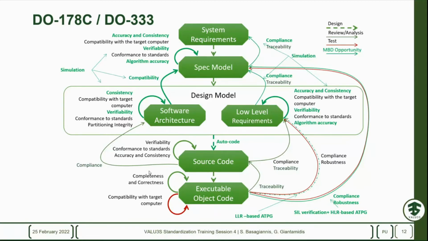Whenever we can automatically generate code with certified code generation utilities, that would be acceptable. At the same time, particularly for the low-level requirements, we would like to see whether we are conforming to those requirements or not.